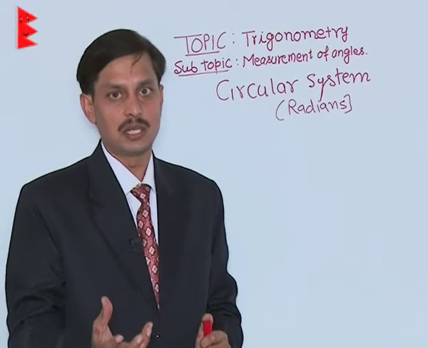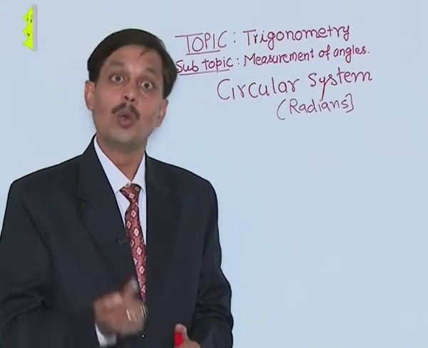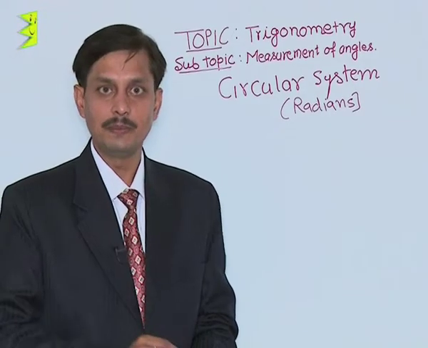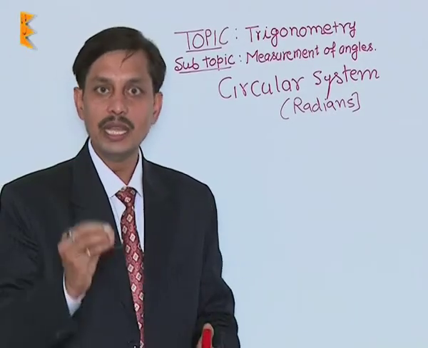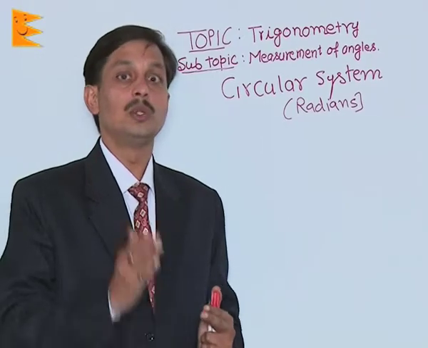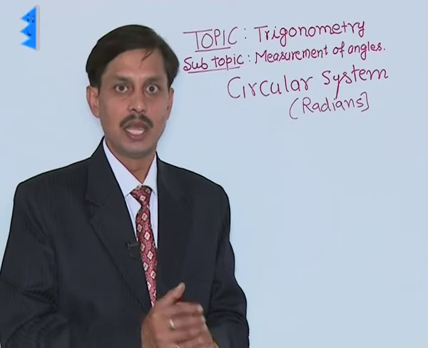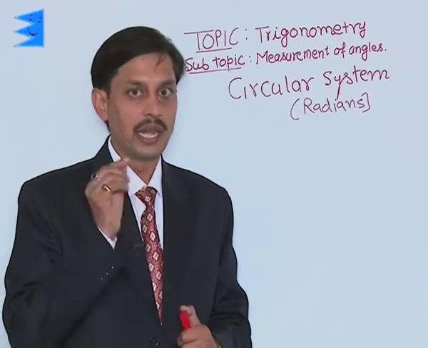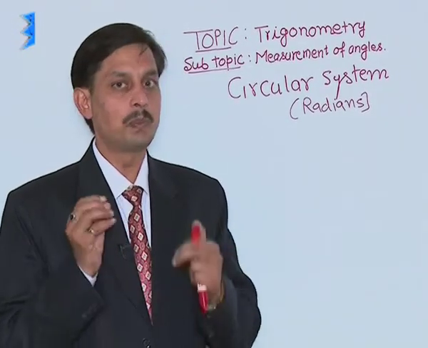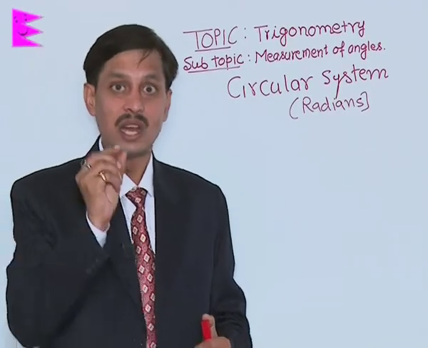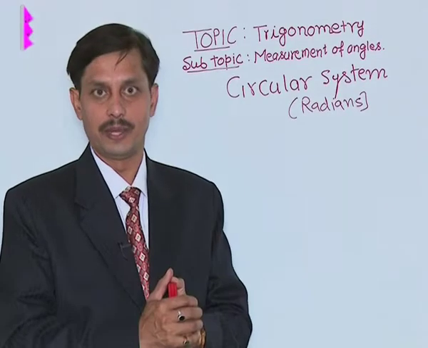In the circular system, let me explain what 1 radian is. As I told you in the sexagesimal system, 1 degree is the angle which is 1/90th part of 1 right angle. In the second, centesimal system, I explained that 1 grade is the 100th part of 1 right angle.